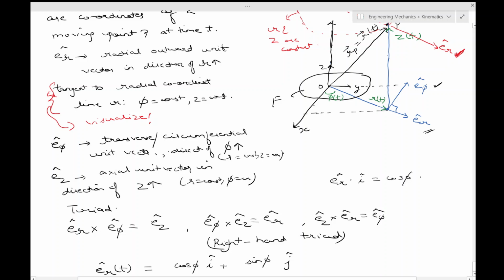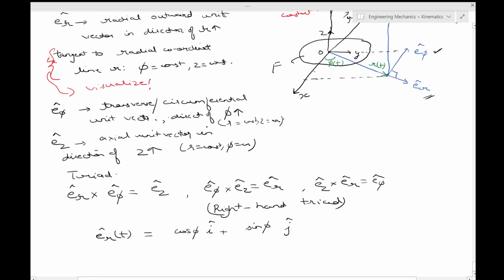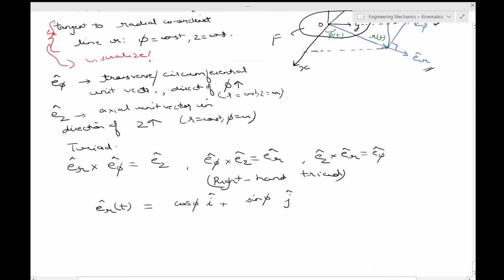And similarly, you can take a dot product with the y direction or the j cap direction, and you will get a sine phi. Okay, so that way you can write the radial coordinate in terms of the Cartesian coordinate.